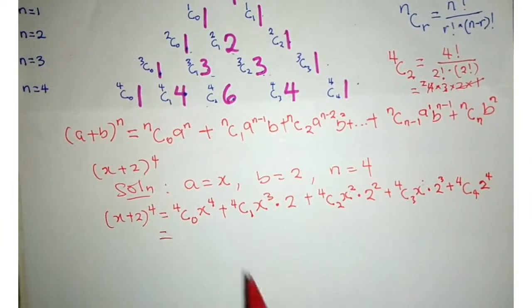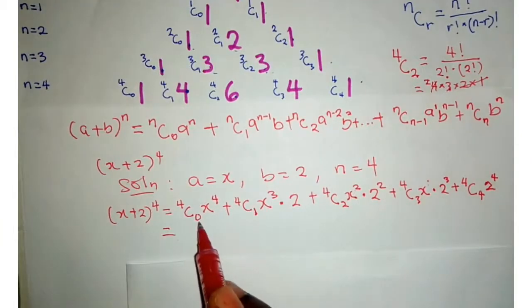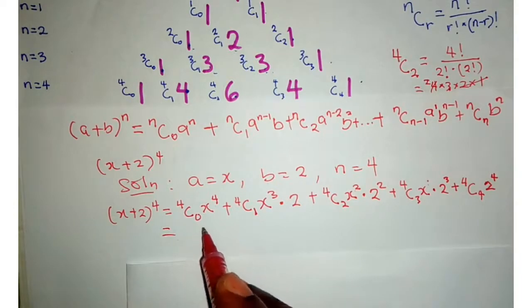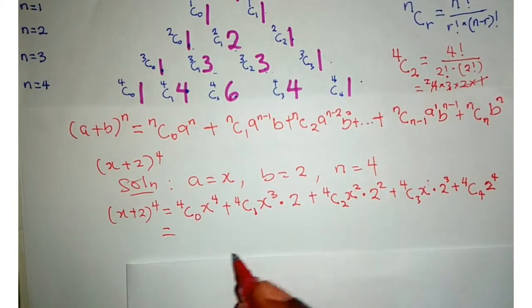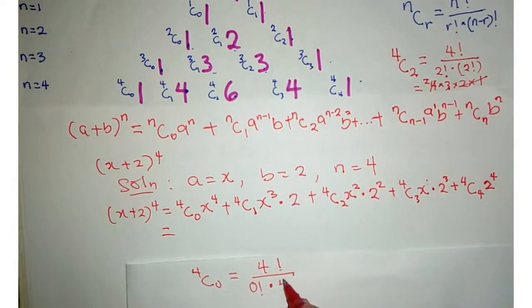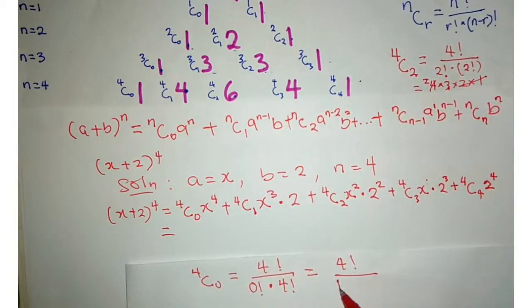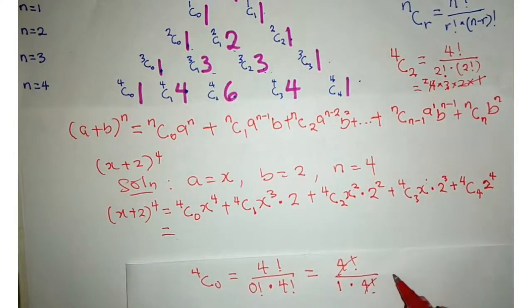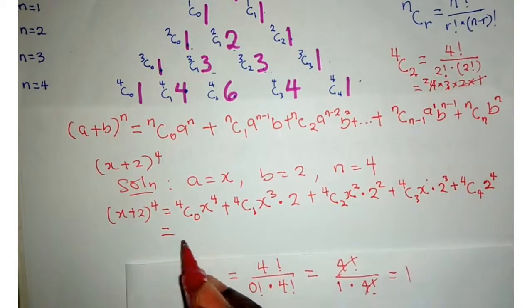And so this is equal to 4 choose 0 is 1. You can use your calculator to work that out, or we use the formula: 4 choose 0 equals 4 factorial over 0 factorial times (4 minus 0) factorial, which is 4 factorial. This is equal to 4 factorial over 0 factorial, which by definition equals 1, times 4 factorial. So 4 factorial cancels 4 factorial, and we have 1. So we have 1 here.